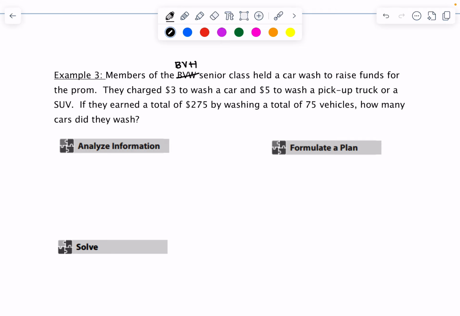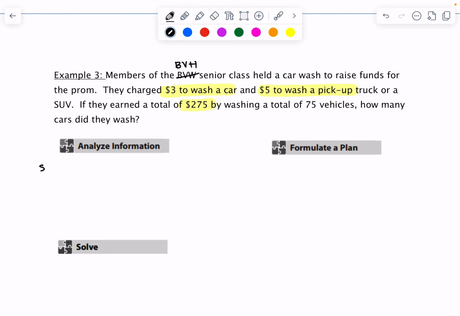So I'm looking at the information. All the information is important here. But I'm noticing that it's $3 to wash a car, $5 to wash a pickup truck or an SUV, and they made $275. Okay. I think that that's a really important piece of information. So I'm going to go ahead and write that down a little bit over here.